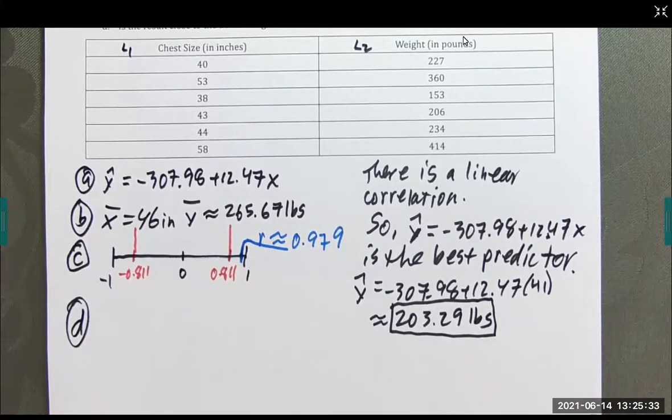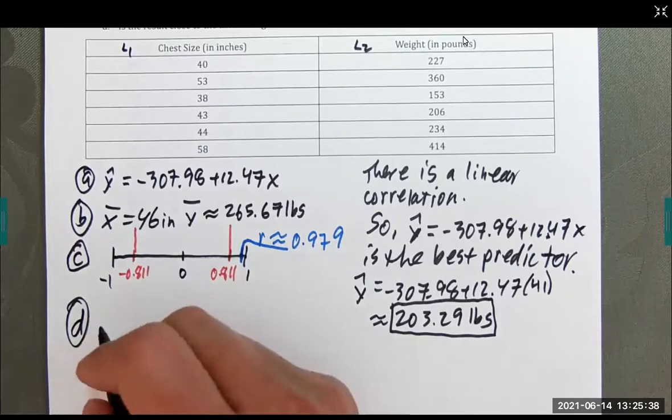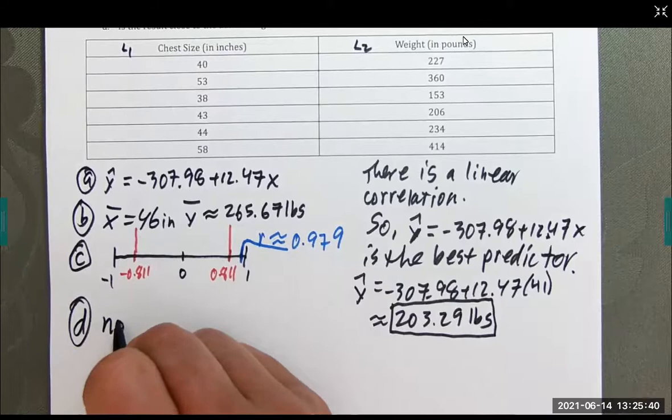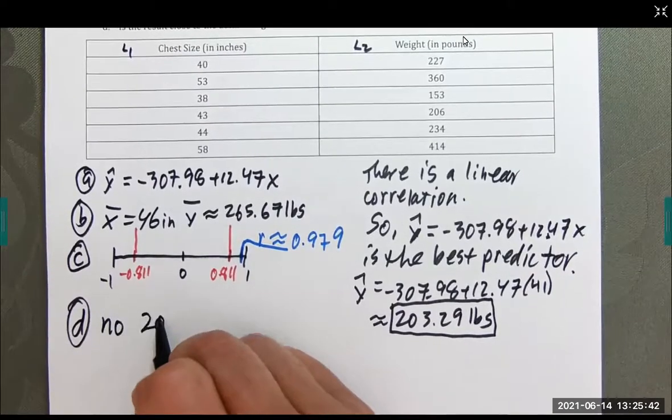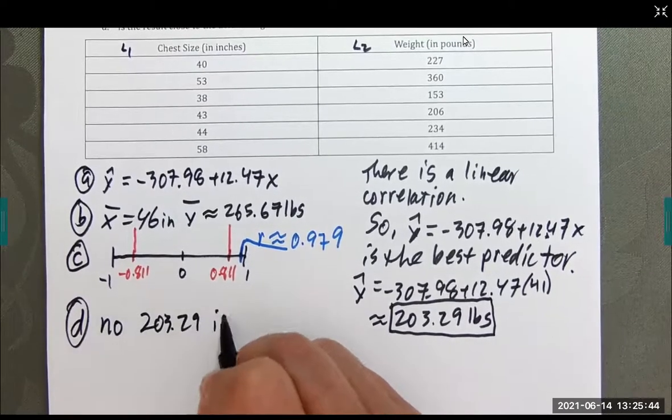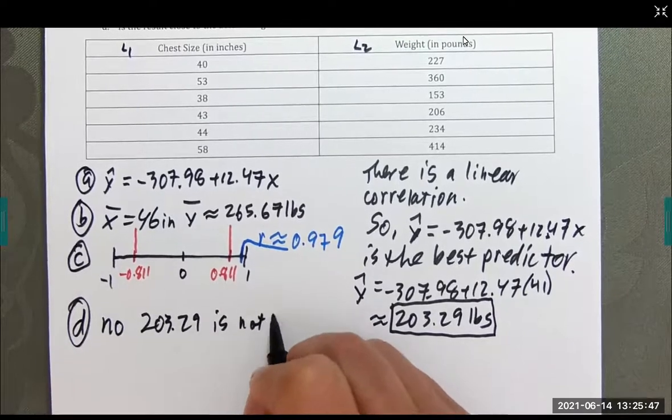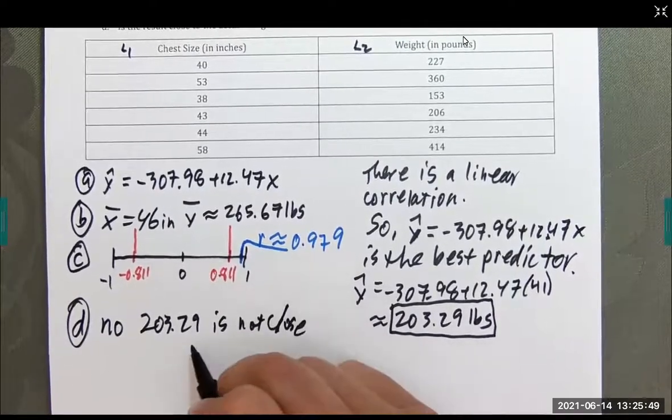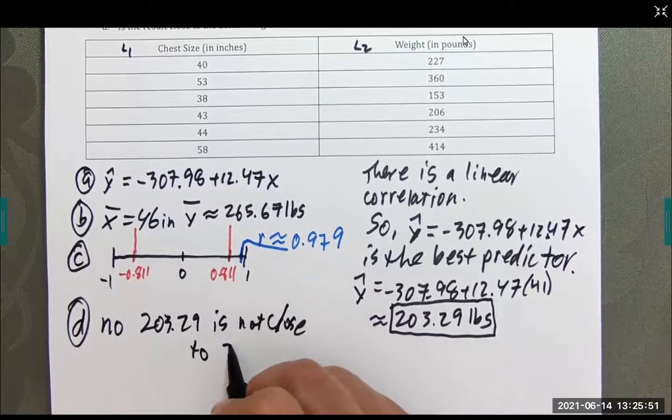All right. Is the result close to the actual weight of 273 pounds? I have to say sadly no. 203.29 is not close to 273.